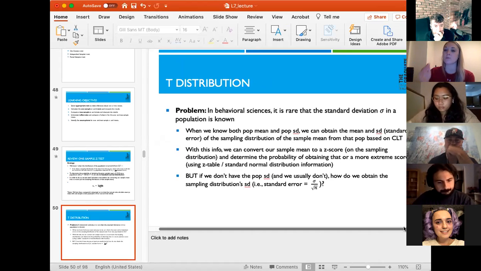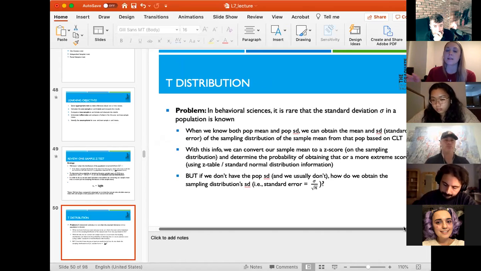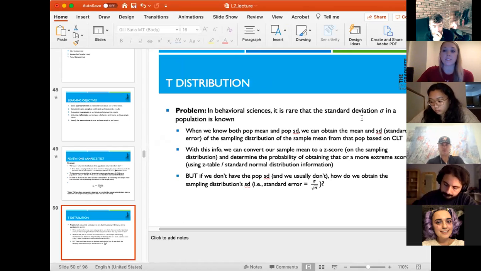So remember, up until this point, we've been looking at the z distribution, or the standard normal distribution, right? And we've been using pnorm, qnorm, all of that. And everything's been in z-scores or standard deviation units. But often we don't know the standard deviation of the population. And when we don't know that, we can't use the standard normal distribution, because that's based on knowing the population standard deviation.